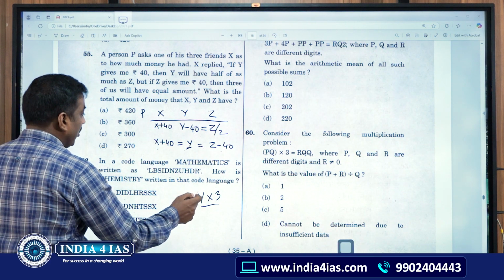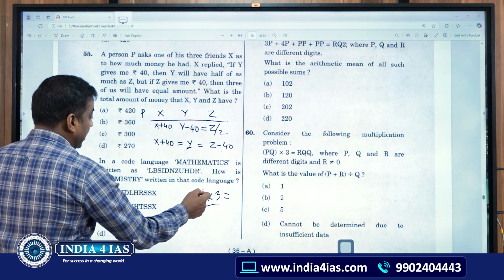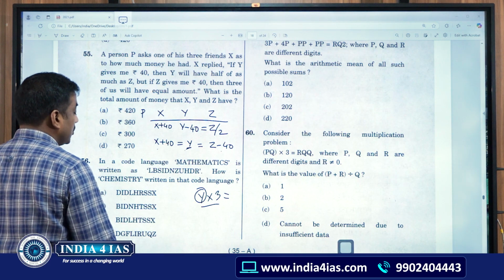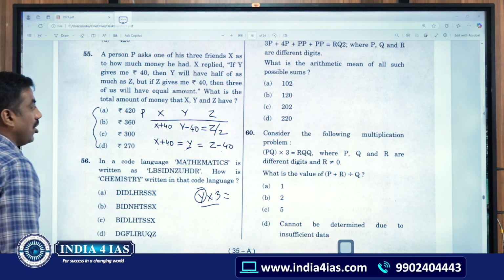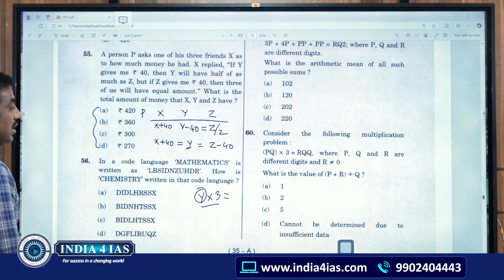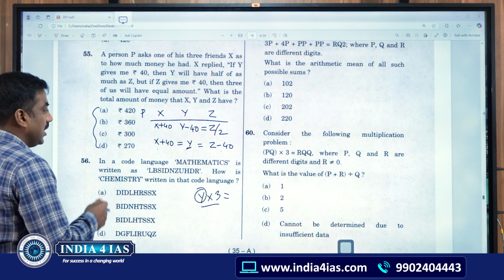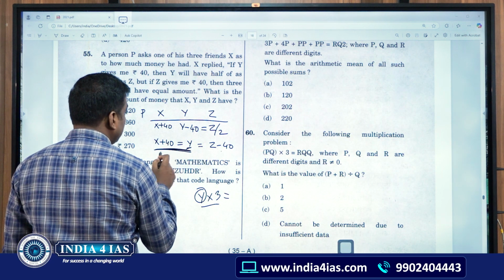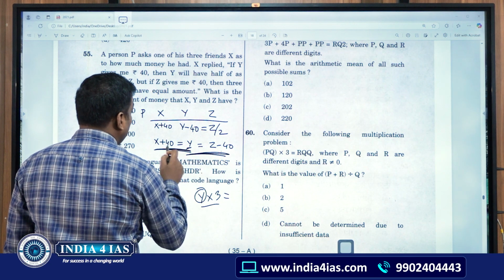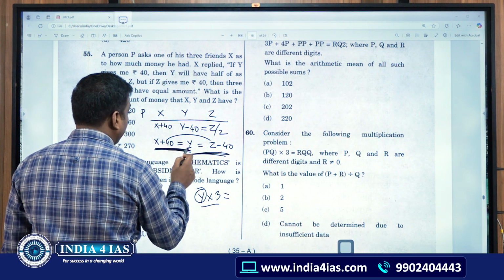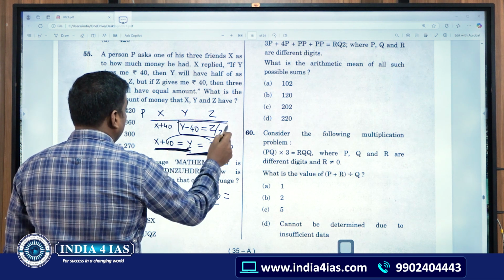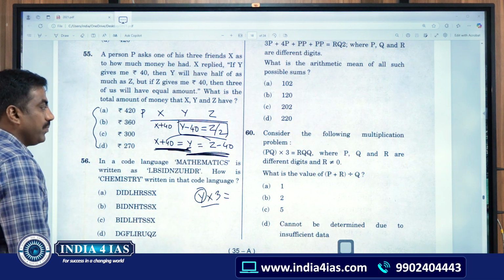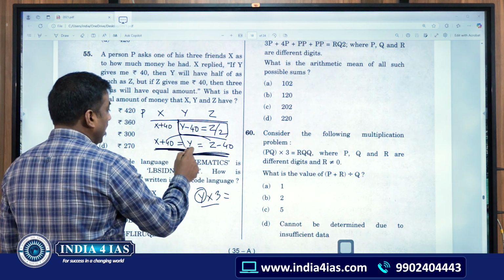See, I am telling Y into 3 will get the answer, but I don't know what Y is having. So anyways, all of them are multiples of 3. We cannot draw anything here. So here we have 3 equations. This is one equation, this is second equation, this is third equation, and this is the fourth equation that we have. So now let us consider only Y and Z.